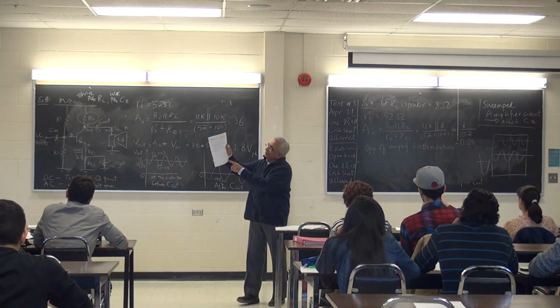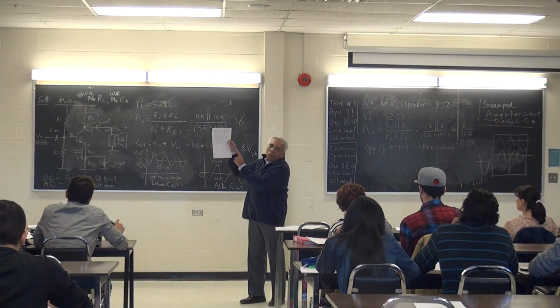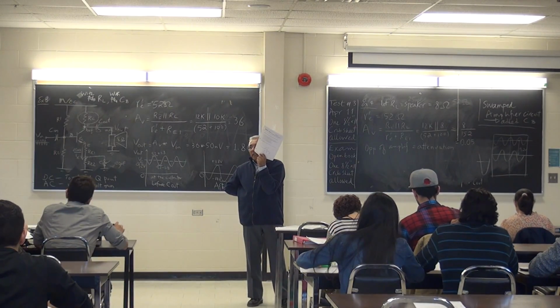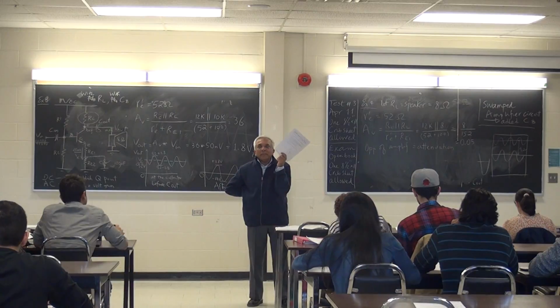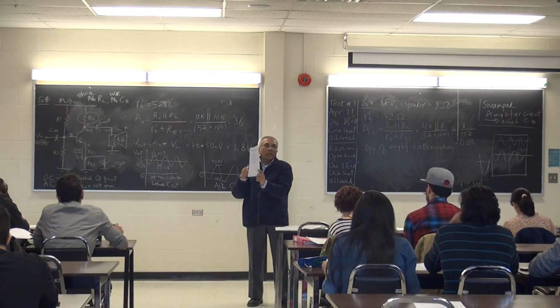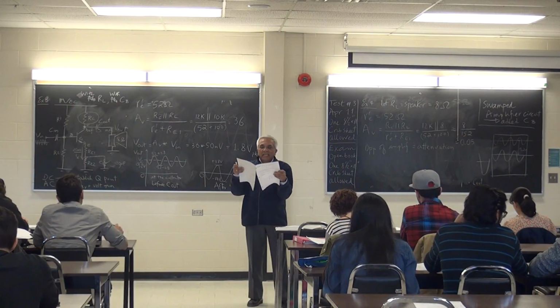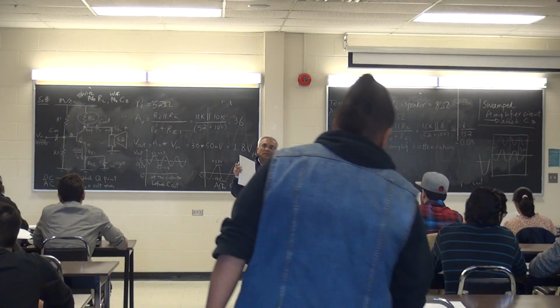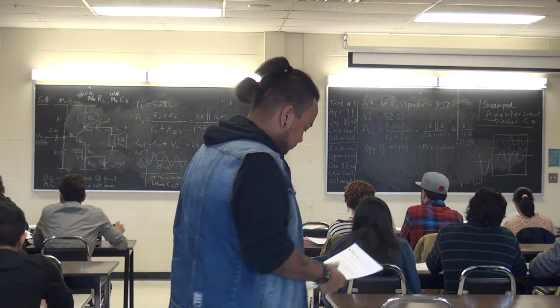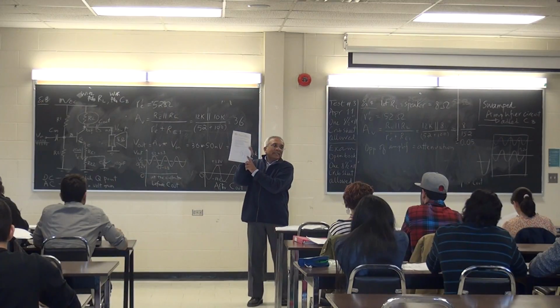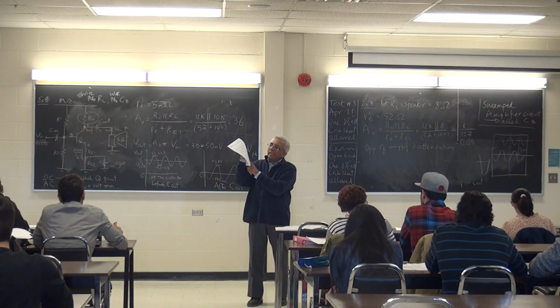And then, so go have a look at Notes 14, everybody. Anybody need a copy of 14? Everybody's got it? Okay. Have a look at Notes 14. See where it says RL on page 1 of Notes 14?